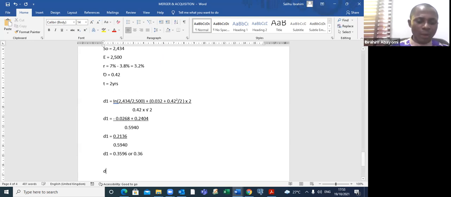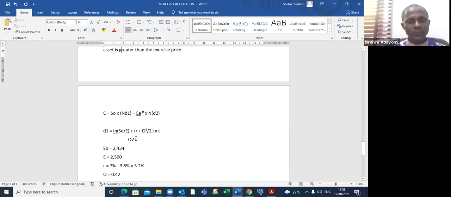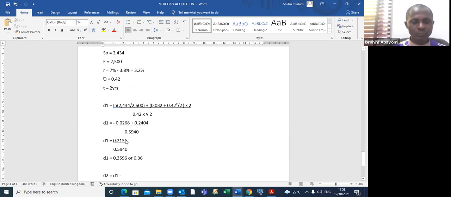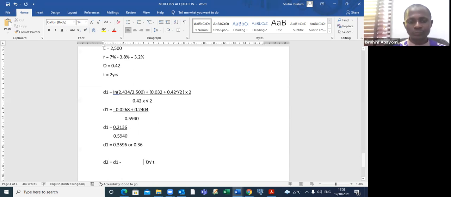Then I need to calculate D2. D2 is equal to, from the formula given, D1 minus standard deviation root 2. So D1 minus this value here is what will give you D2. This is the formula for our D2. So D2 will be equal to my D1, 0.3596, minus all this.